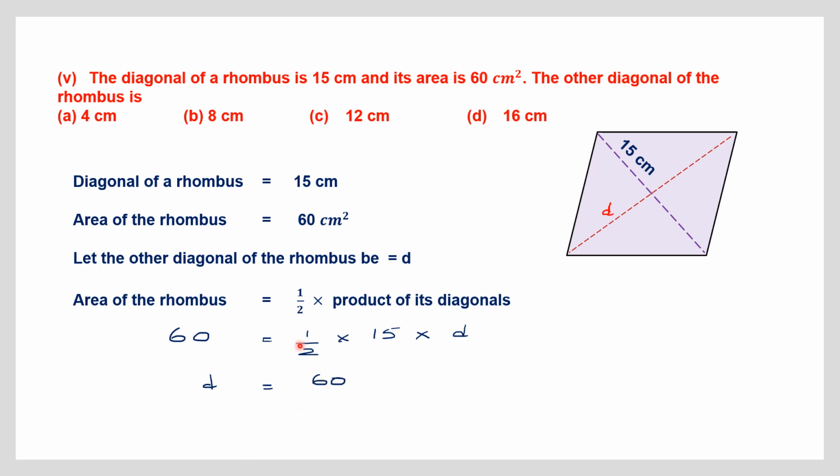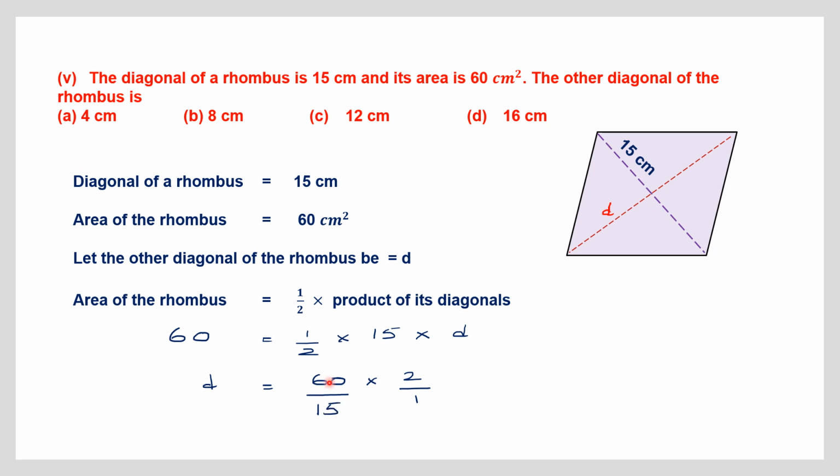And we are going to move this half to the other side. Because it's multiplication, when it goes to the other side, it becomes division. So it becomes 2 by 1 there, or 2 by 1 into, now 15 also we are transposing to the other side. Because it's multiplication, it becomes division. So we can put it straight under this itself as division. So we don't have to put another sign there.